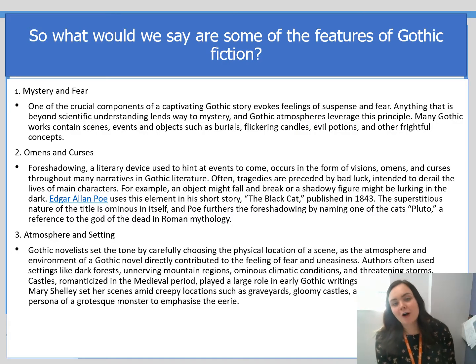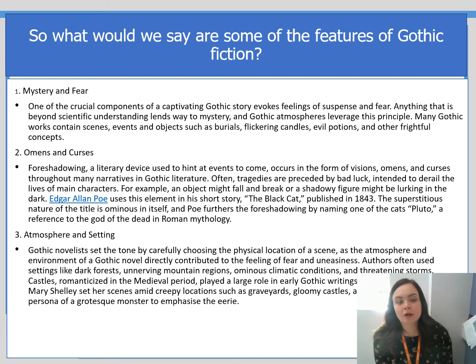So we're going to start off with some of the features that we would say are part of Gothic fiction, okay? So the first one is the themes of mystery and fear. Okay, so one of the crucial components of a captivating Gothic story evokes feelings of suspense and fear. Anything that is beyond scientific understanding lends way to mystery, and Gothic atmospheres leverage this principle.